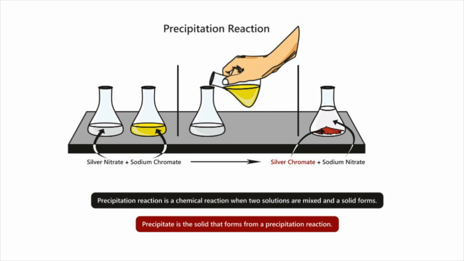And when we mix them together, we form silver chromate, which is an insoluble salt, and sodium nitrate, a soluble salt. And the silver chromate is classed as a precipitate. This is our insoluble solid, our insoluble salt. And the reaction that takes place is a precipitation reaction.